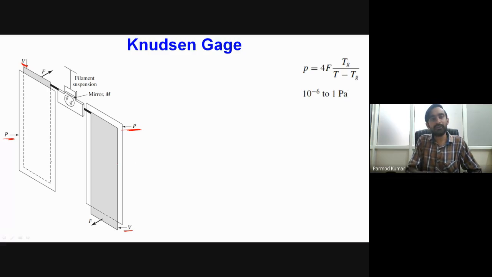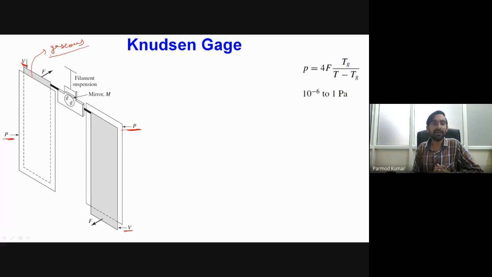Okay, so over here what we do, we enclose this entire thing inside the chamber, and in between the spacing between that fixed plate and the moving plate, we keep our gaseous medium. That gaseous medium is coming from the chamber where we want to measure the pressure.